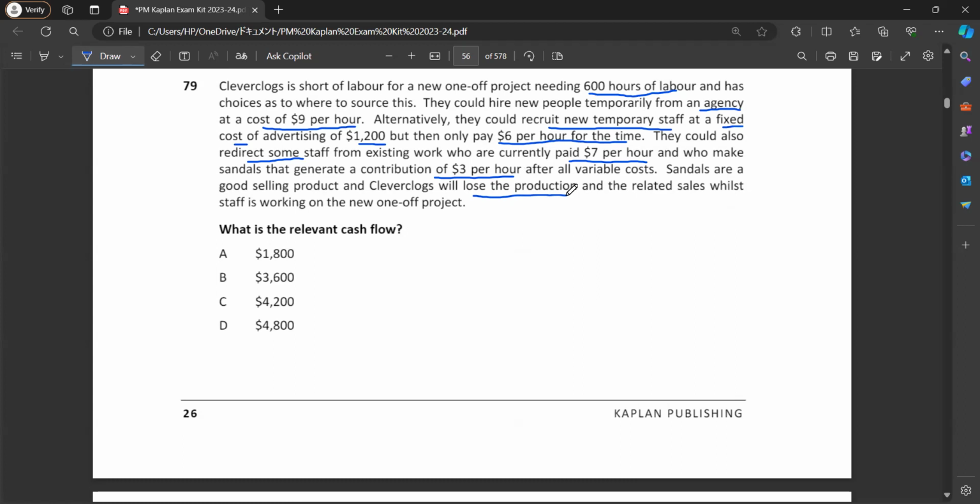What's the relevant cost? So we see that there are three alternatives that are available.